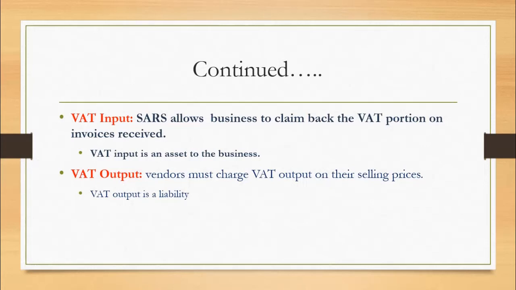So it will be your selling price plus that 15% VAT. The 15% must go to the taxman and the remainder must remain with the business. VAT output is a liability. Why do we say VAT output is a liability? Because at the end of the financial year, or whichever period we put in our VAT claims, we will still have to pay what is due to the taxman.